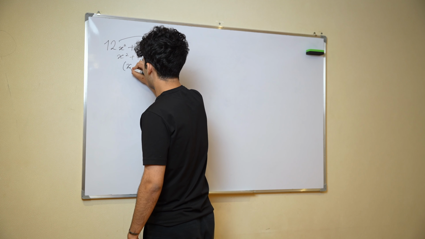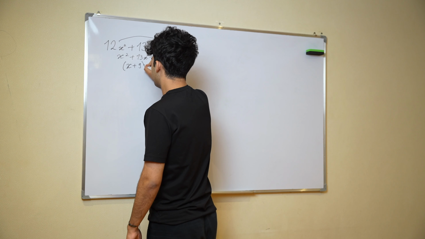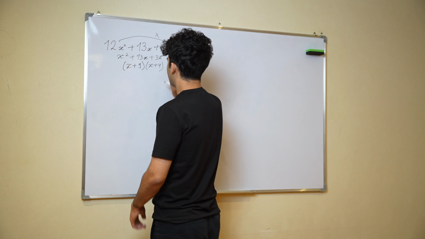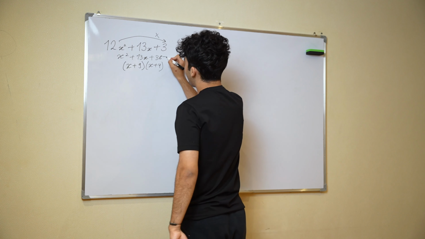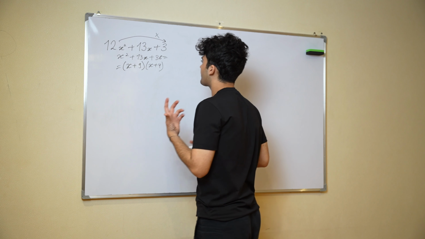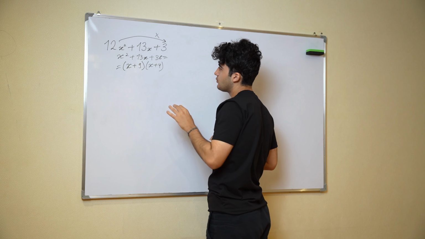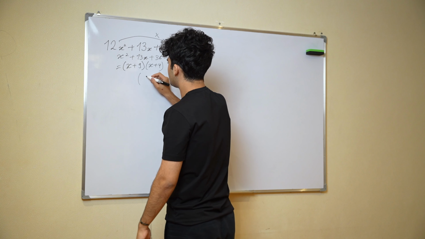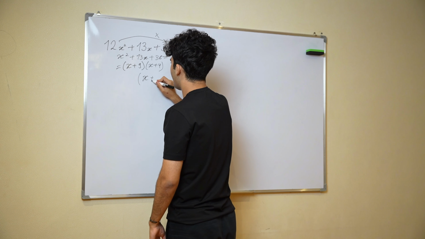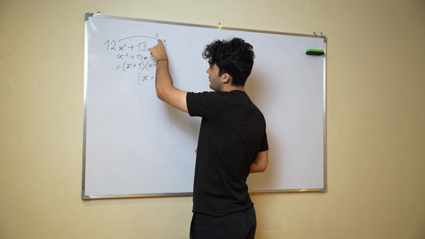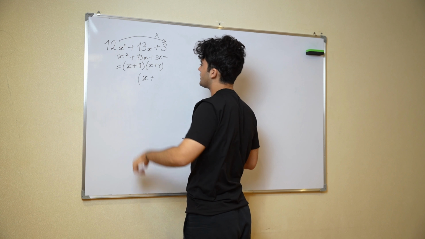You put x plus 9 multiplied by x plus 4. So that's how we factored this equation, right? But now what's left? We had the 12, right? So what we're going to do now is divide these numbers by the coefficient that we multiplied the c by, that is the 12.